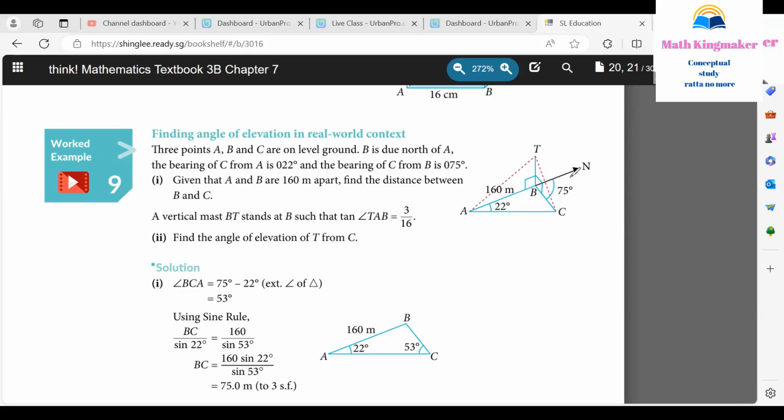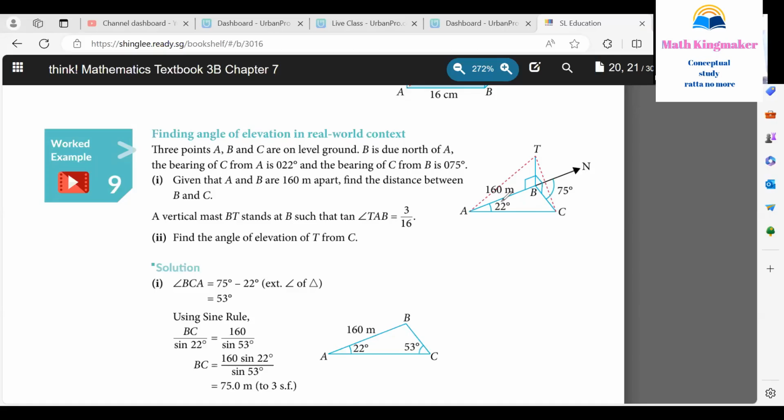There is no issue if you're taking north anywhere, because it is according to you. Either you are taking north this side, you will have to take the bearing from the north. So the bearing from C is 75, it is given, and it is 22, it is given.